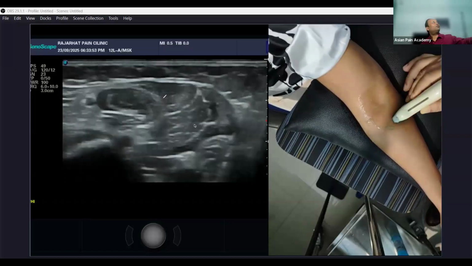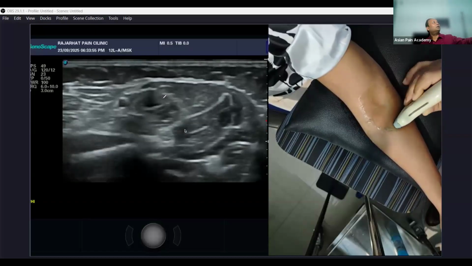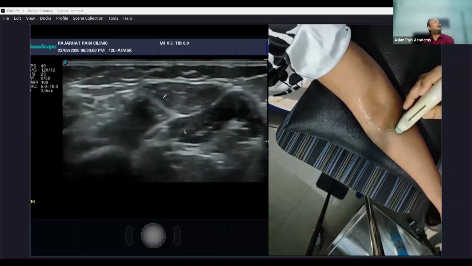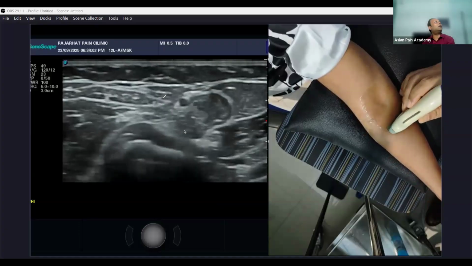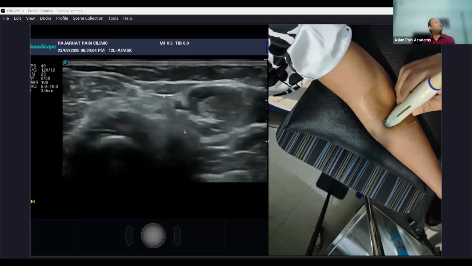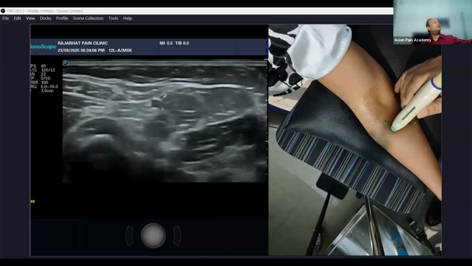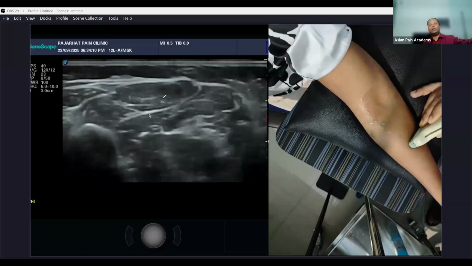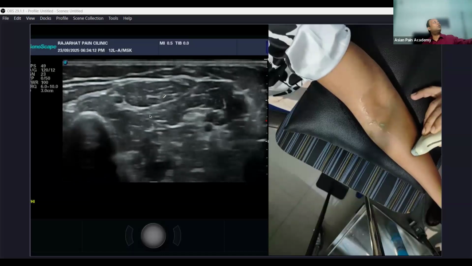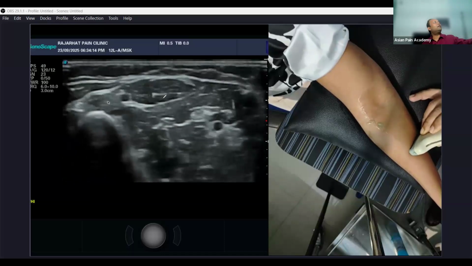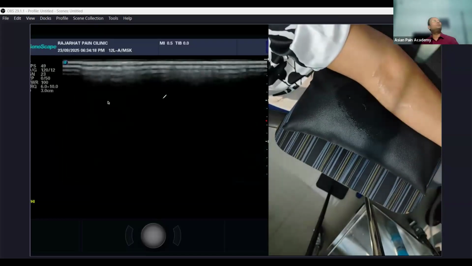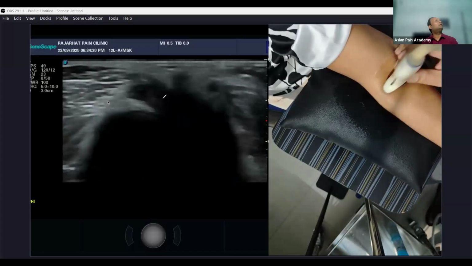Okay. So now I have to find the other muscles. First, I will just locate the median nerve. So this is the median nerve, I mean median vessels, of course. So here, when I'm going down, just a minute.